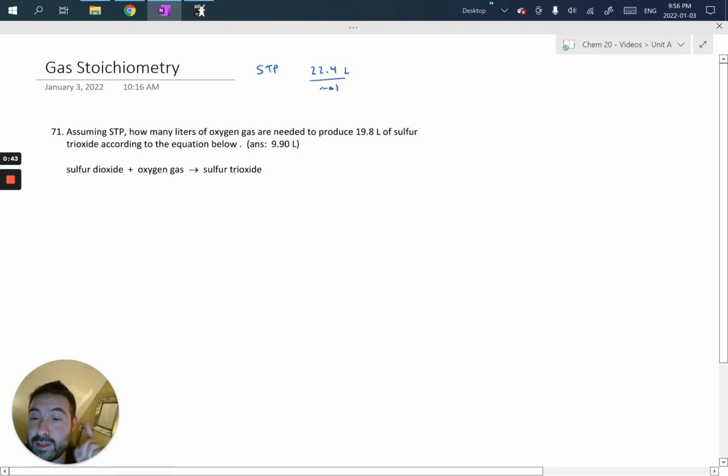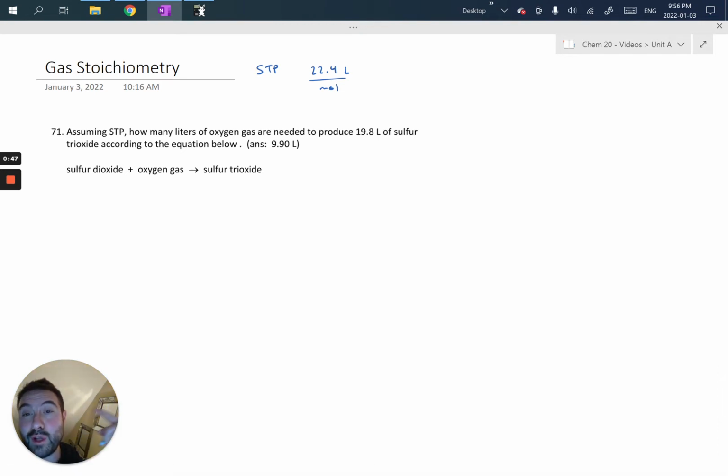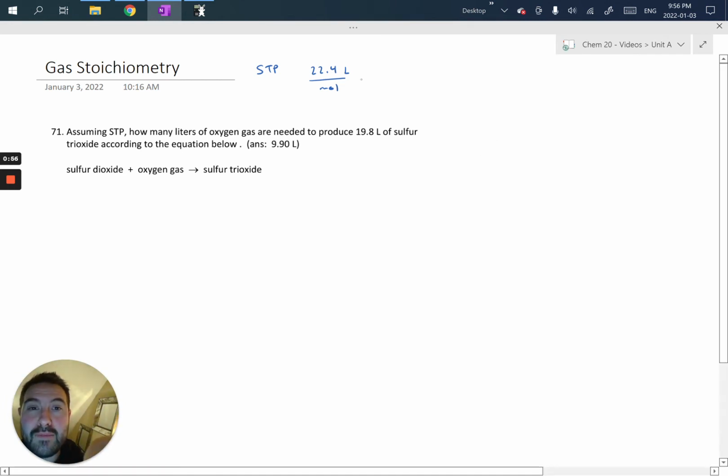Now that can get a little confusing because molar concentration is moles per liter, molar volume is liters per mole. How many liters of a gas per mole? So it's going to look like this, 22.4 liters per mole. Now at standard ambient temperature and pressure, you're at 24.8 liters per mole.